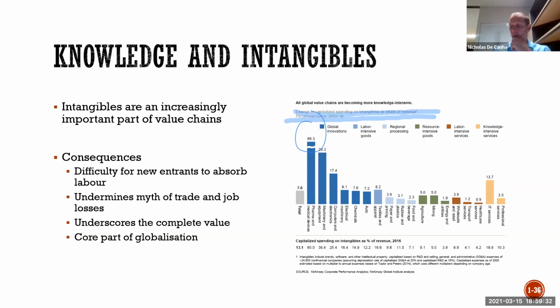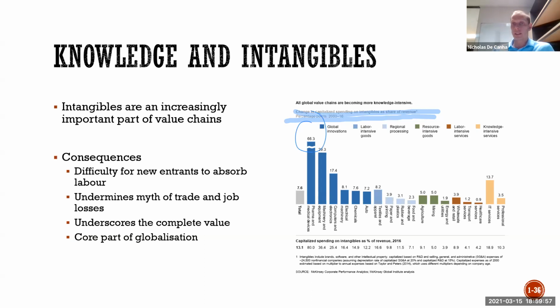Number two, this undermines some of the myth about trade and job losses, because you really have very high levels of investment in more and more complex technology. So is it trade that is leading to job losses, or is it the fact that it is difficult to absorb this much labor in more and more complex products and more capital intensive products?